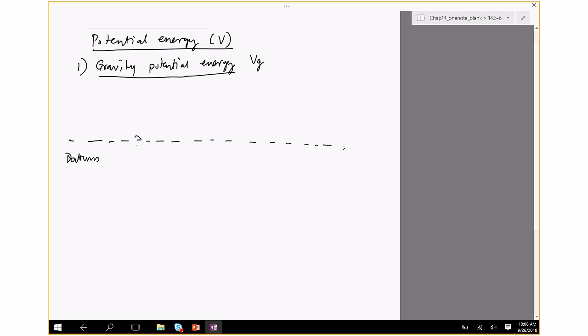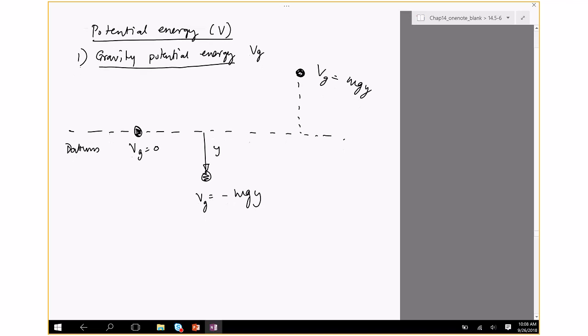If you are on the datum, then the potential is 0. If you are below the datum by a distance y, then your potential is negative, and if you're above the datum, your potential is positive, where you just write mgy, where m is mass, g is gravity, and y is the height from the datum.